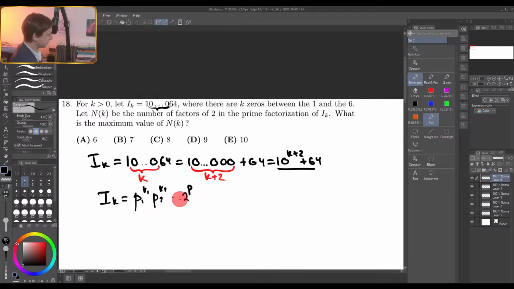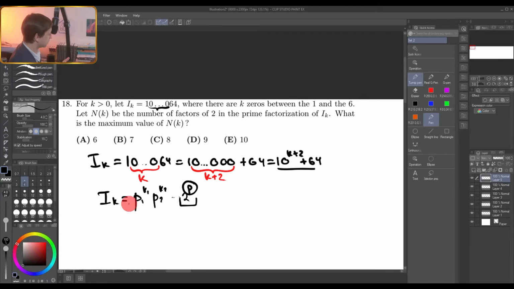So in the prime factorization of ik, there will be some power of 2. And we are looking at the number of factors of 2. So the number of factors of 2 is this number p. It's just how many 2s are present here. And we are looking for the maximum value of p. In other words, we are looking for the maximum power of 2 that divides ik.